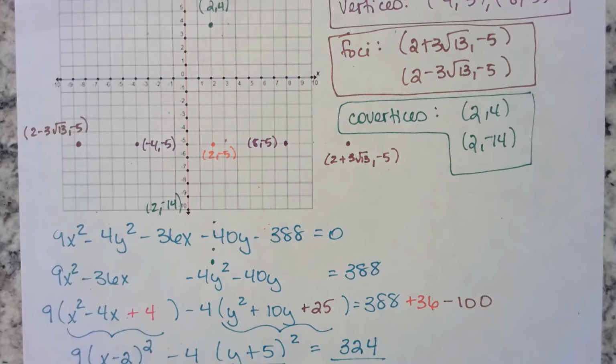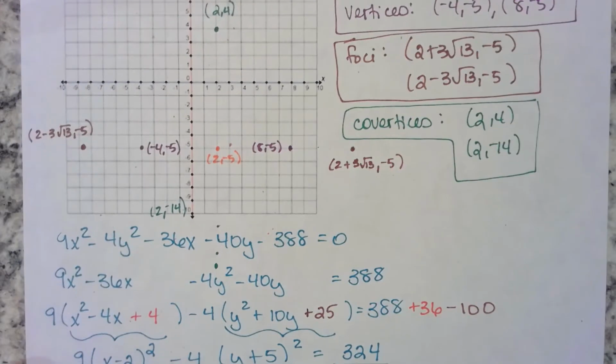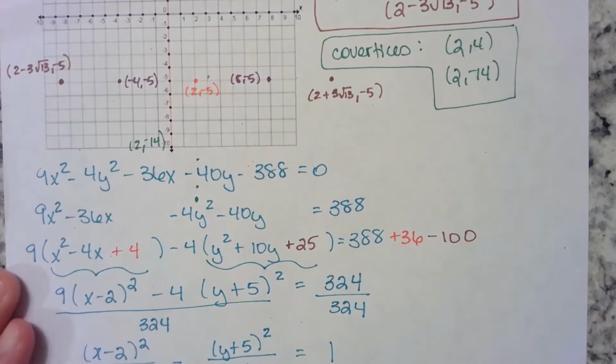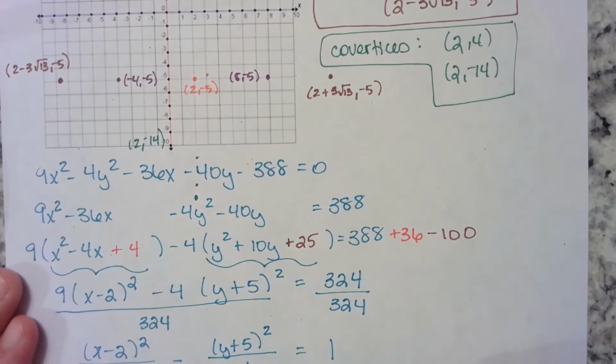To get the asymptotes, remember we have to use a formula that they gave us on the previous page. I'll just tell you what that formula is. So we have y is equal to plus or minus b over a times x minus h, plus k. This is our formula.